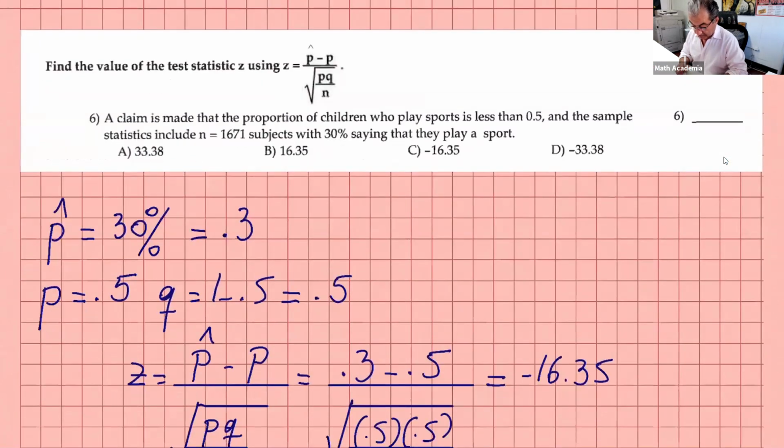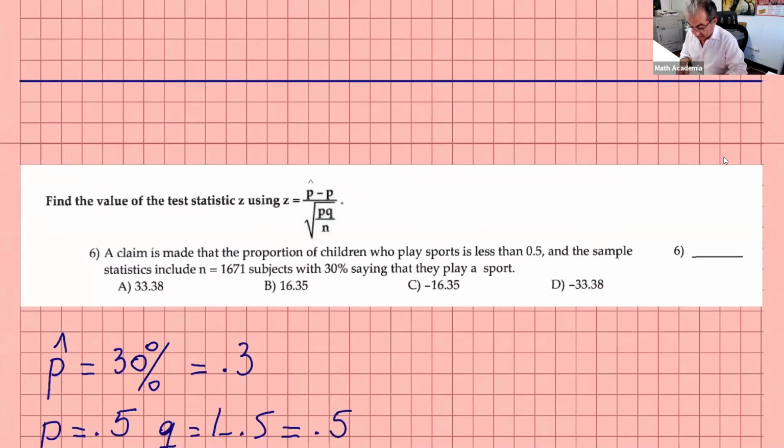Now let's see here. A claim is made that the proportion of children who play sports is less than 0.5, and the sample statistics include n to be 1,671, with 30% saying that they play a sport.